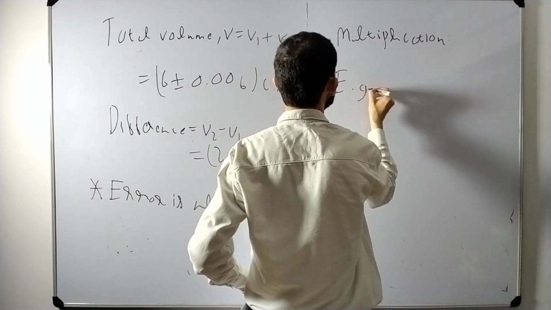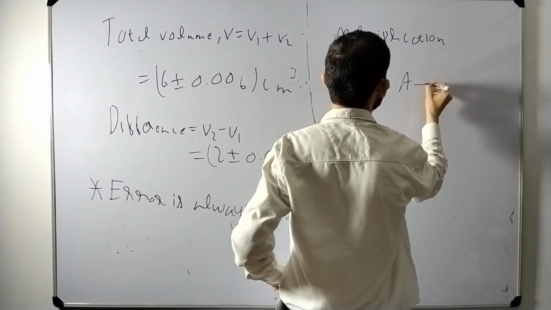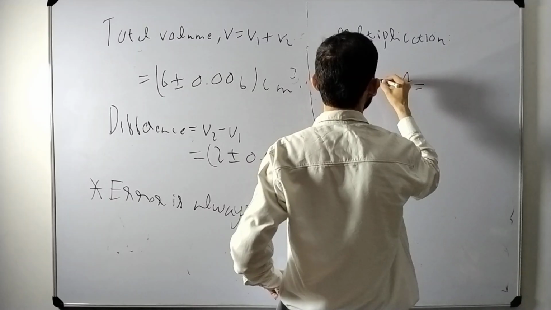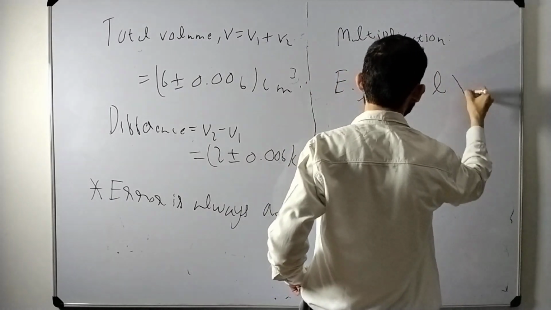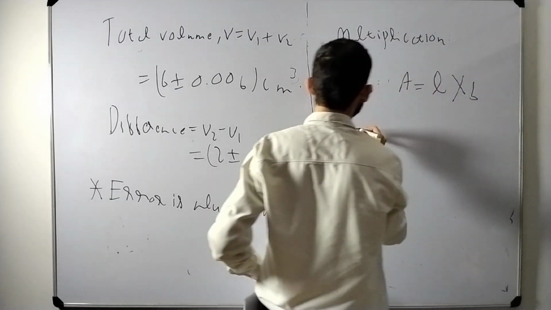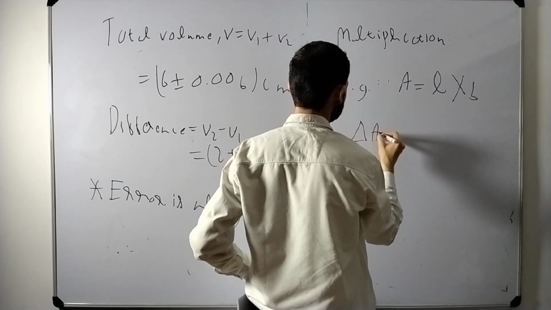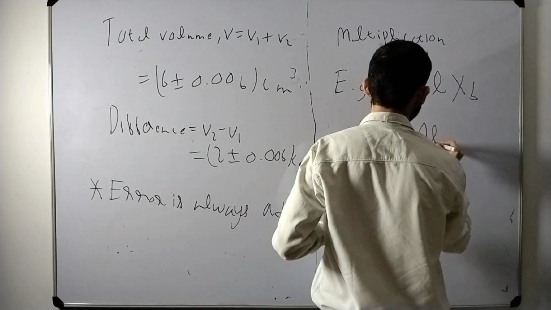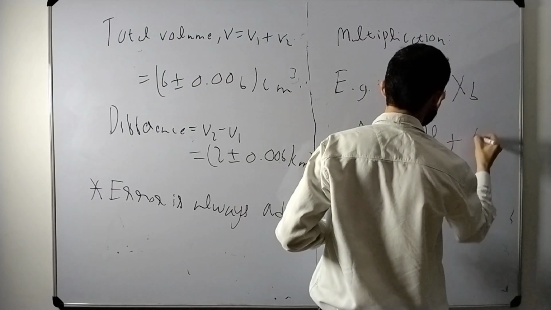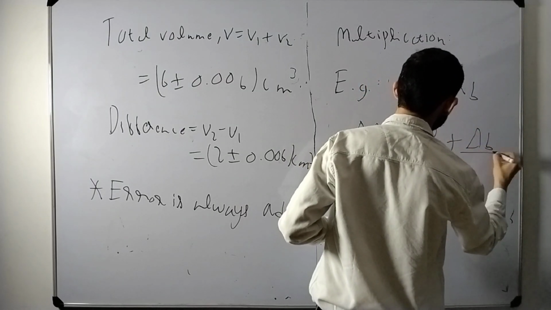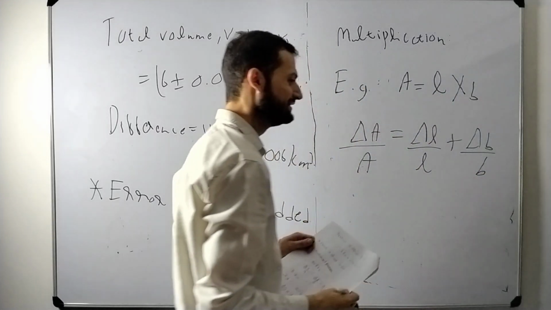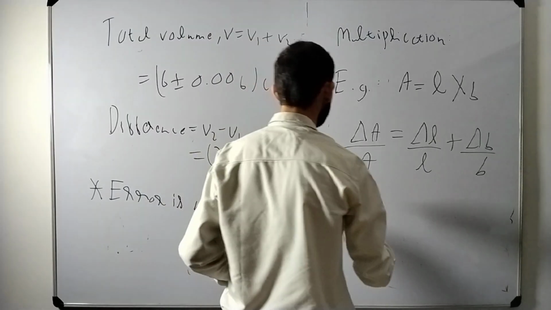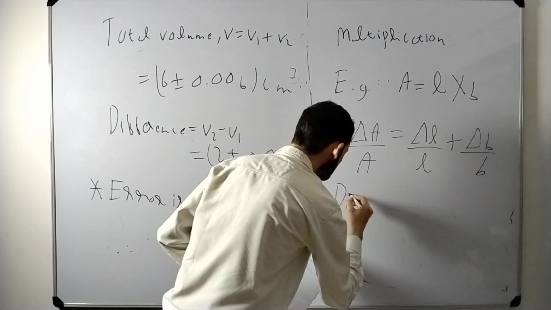Example, area. Area is what, students, of a rectangle? Length into breadth. This becomes del A upon A equals del L upon L plus del B upon B. Okay, students. Now the division part.